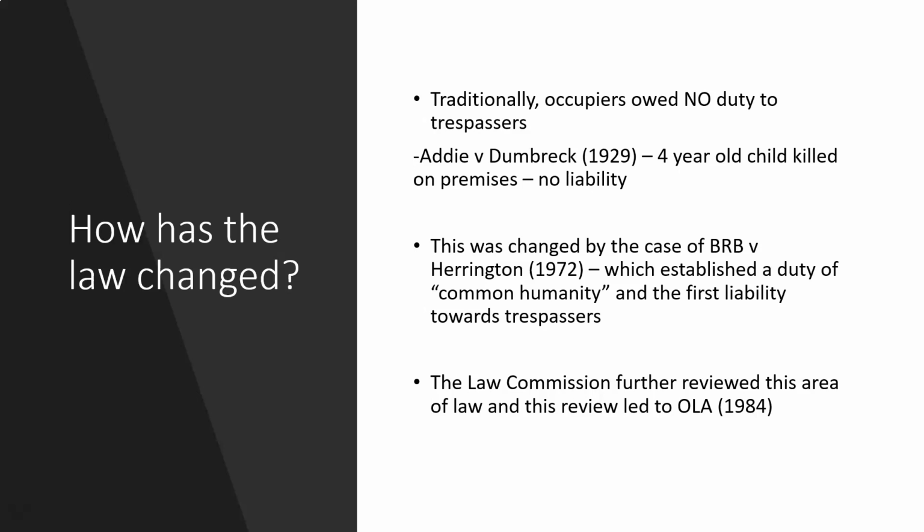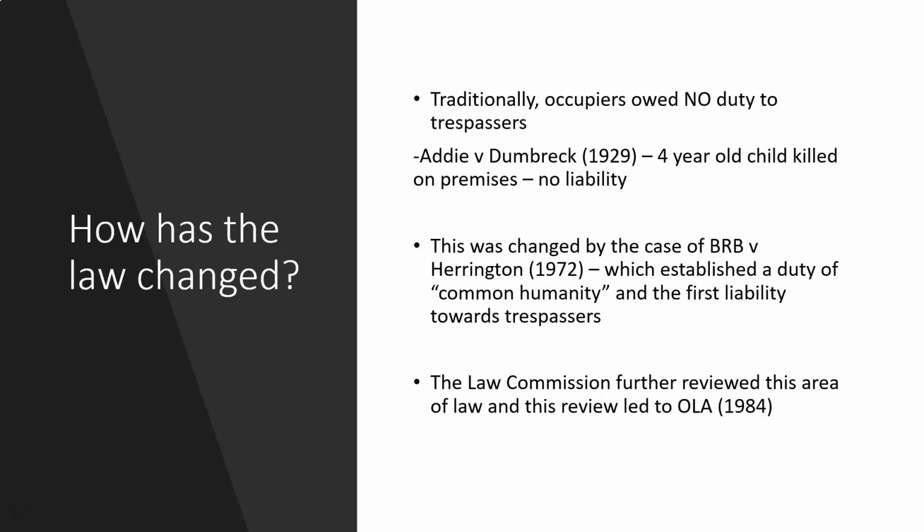And actually, in this case, the court said, no, do you know what? There is a duty of common humanity, and even to trespassers, you need to do at least what's reasonable to keep trespassers safe. You can't leave all this dangerous equipment out when you know kids played in the area, for instance. So they said, you have this duty of common humanity to the people around you and in the community, so therefore no, you are liable.